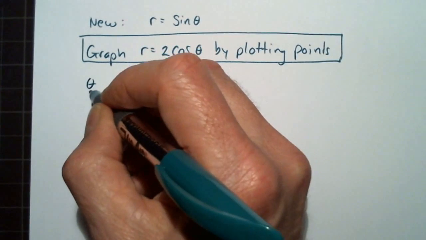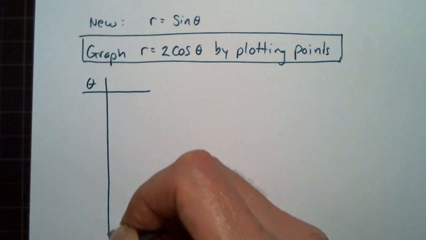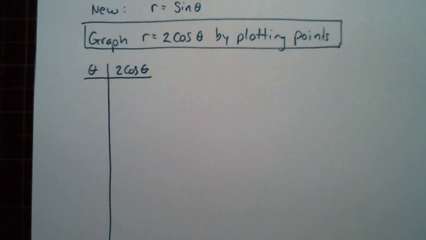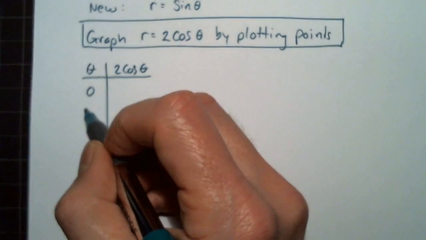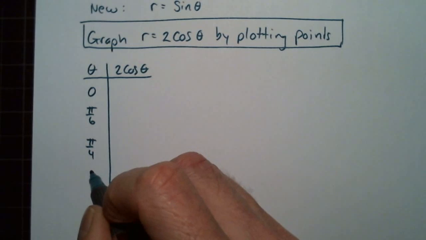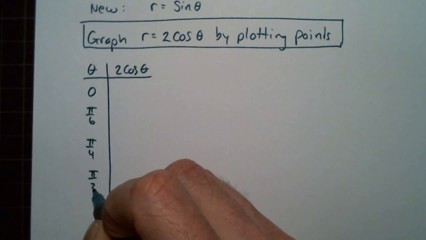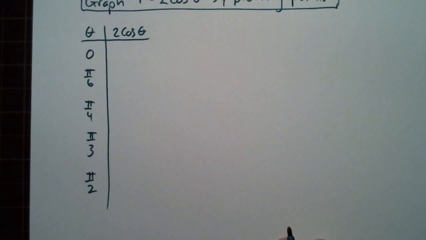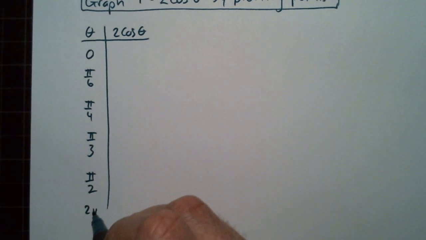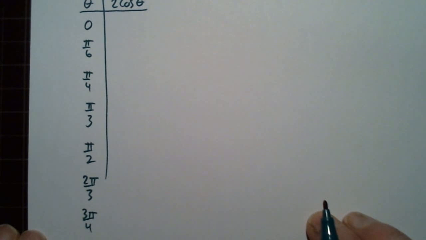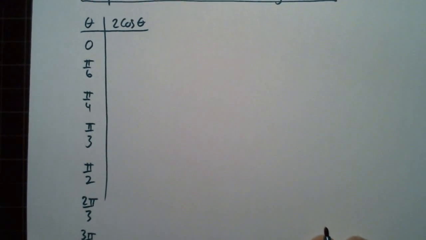So we have theta that we're going to choose, and then we're going to find 2 cosine theta. So if we choose some theta values, and then we just evaluate 2 cosine theta.